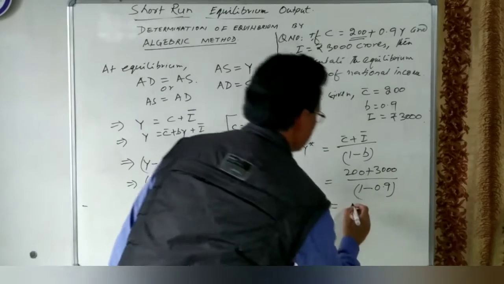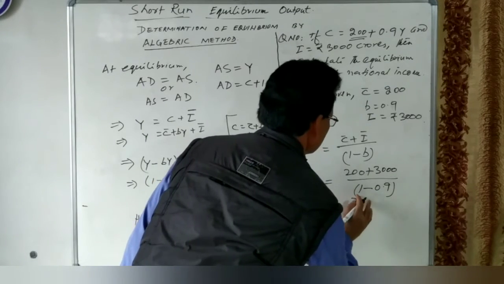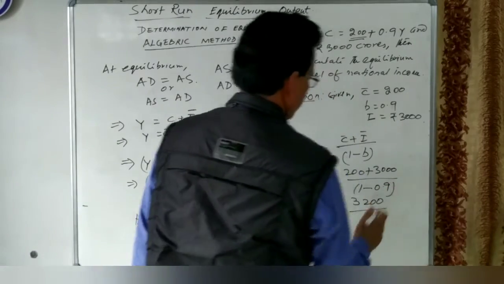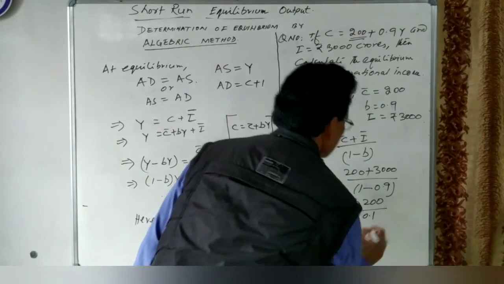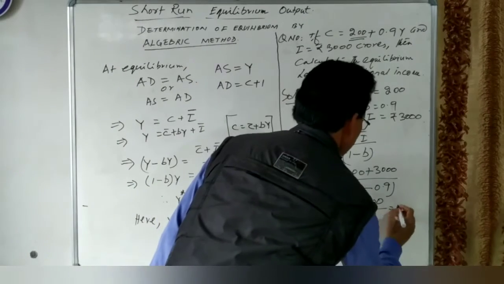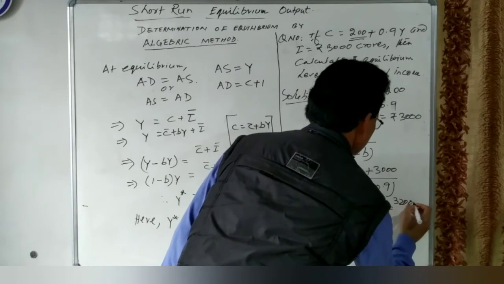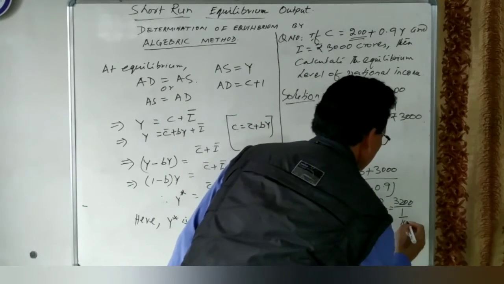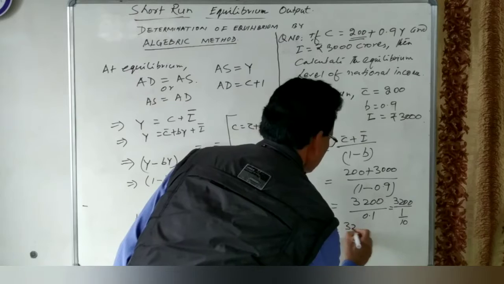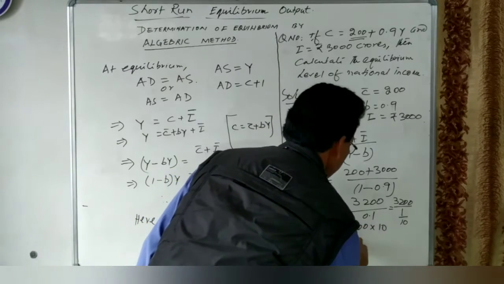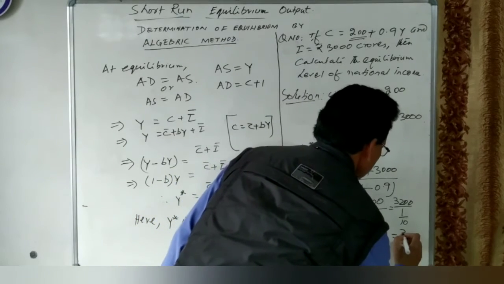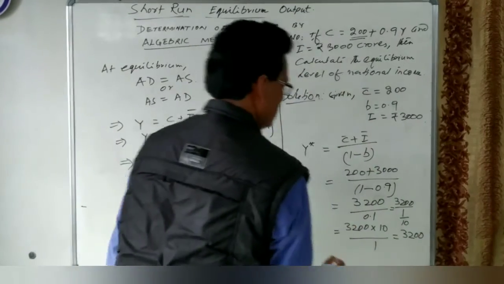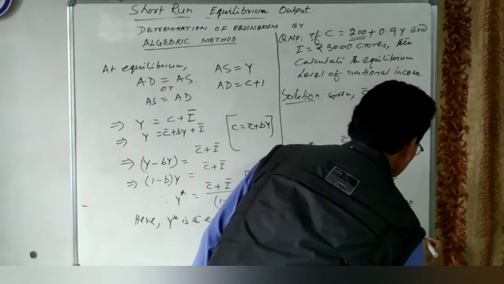So this is 3,200 divided by 1 minus 0.9, which is 0.1. We can simplify: 3200 divided by 1 upon 10, so the 10 goes up, and we get 32,000.